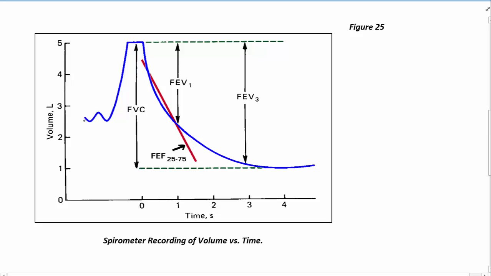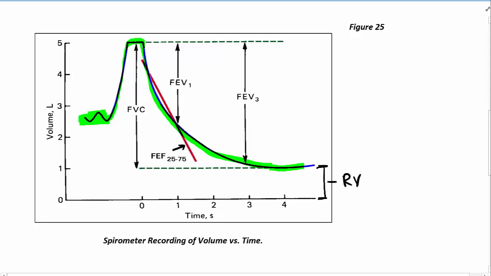So you have the person right here breathing normally, and then they do a maximal inhale, and then they do a maximal, with as much force as possible, exhale to residual volume. And that's what this is right here. This to this is residual volume.